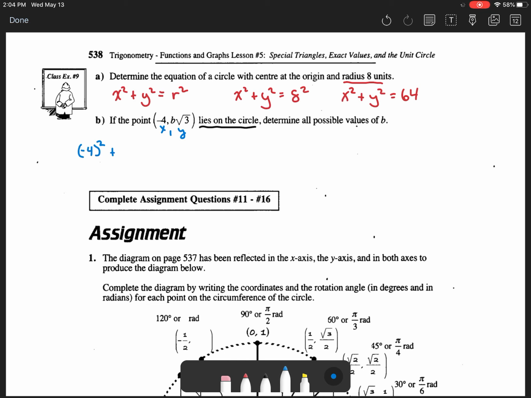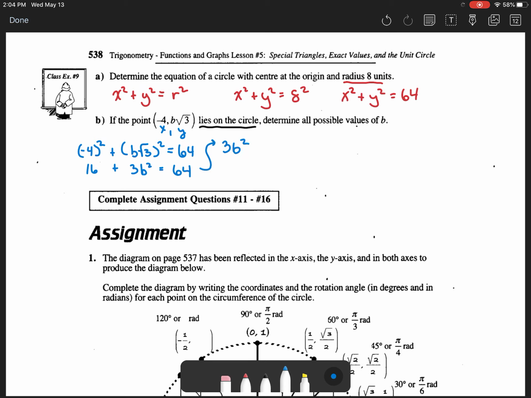So there's my x squared plus my y coordinate squared, must be equal to 64. So 16 plus, this is going to be 3b squared, when I square it, equals 64.